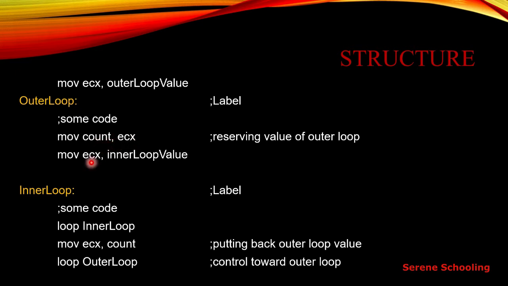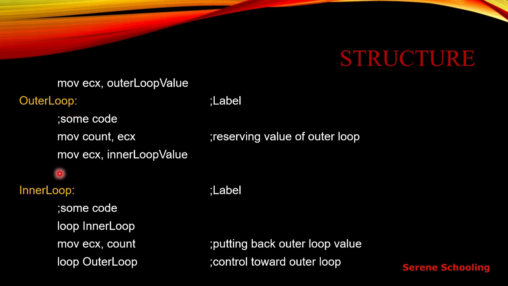Next I'm moving the value of the inner loop into the ECX register for my inner loop, and here my inner loop will start right after moving the value into ECX. We are discussing the basic structure. Here you can add your code, and here you can add your code, but these values must be added in the same step, same sequence.